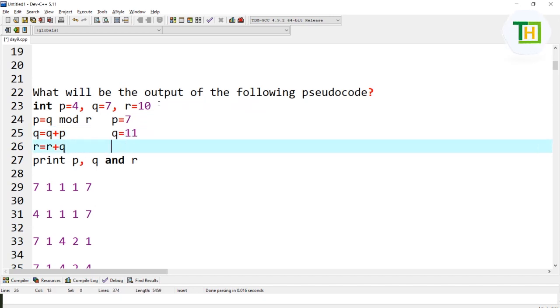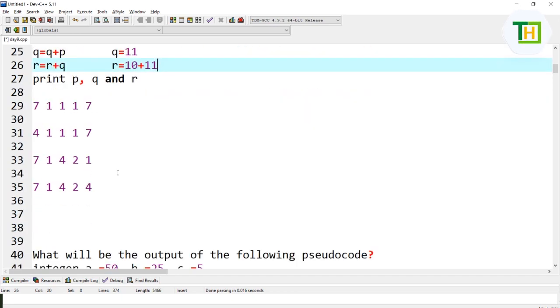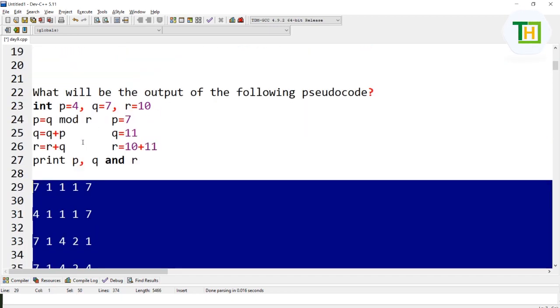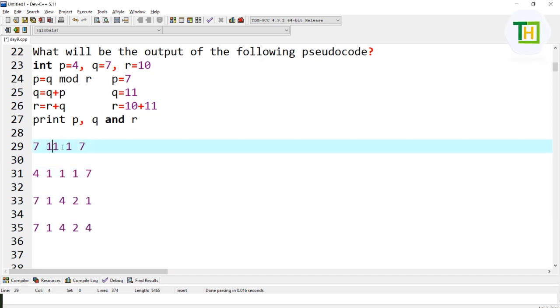Then R is equal to R plus Q. What is R? R plus Q value is going to be 11. Then it becomes there, options. No, I think these are going to be like this.